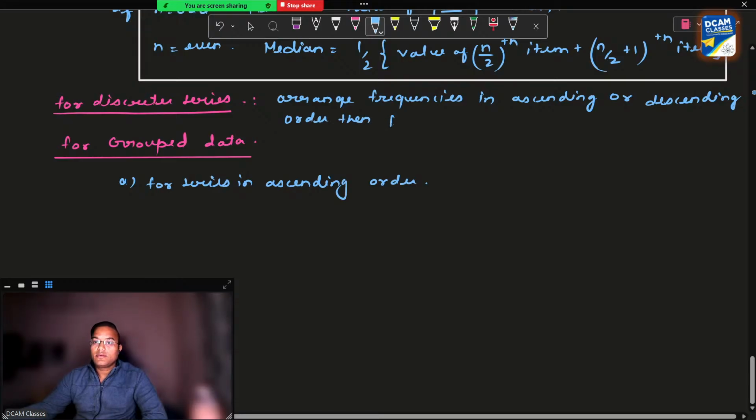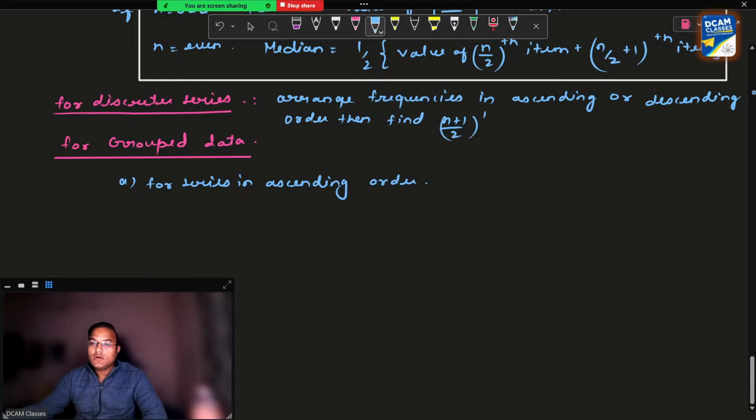Then find the (n plus 1) by 2th observation. That's all.